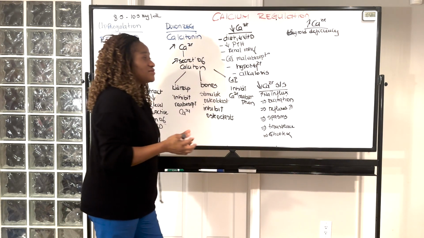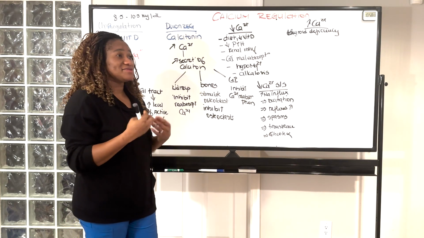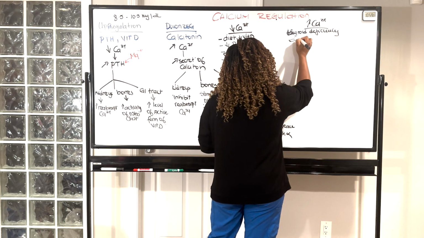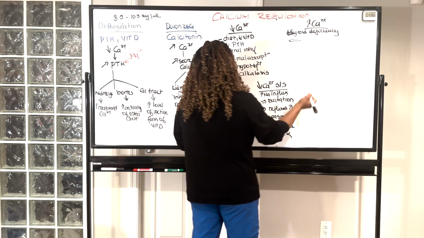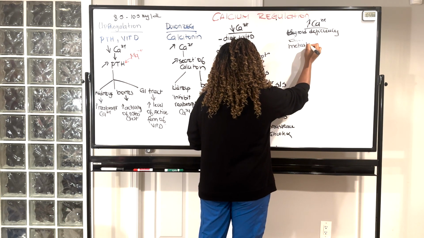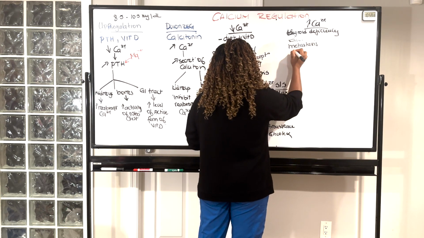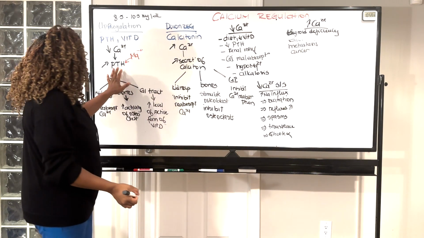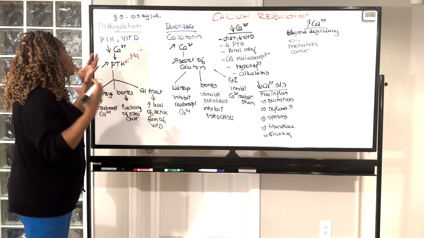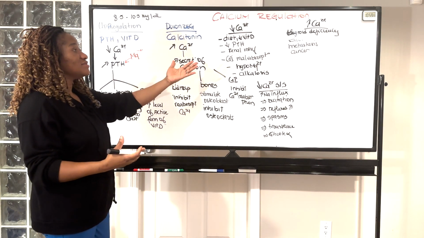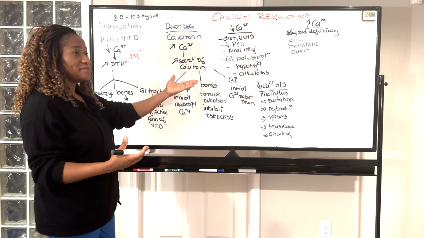Also, if you have a diet that is really rich in calcium, you can have that. And also metastasis. We have some cancers that produce a kind of protein that acts just like parathormone, which leads to high calcium level.